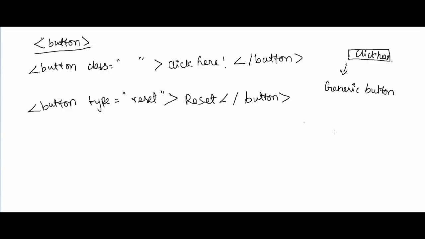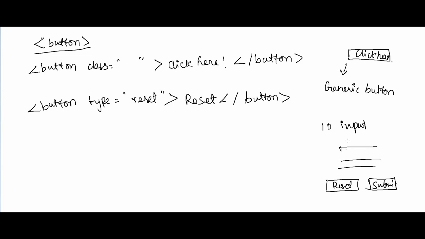If I am creating a form with 10 input fields, say checkbox, radio button, input box, so I am giving 10 fields, and at last I am giving a reset, and the next one type is submit.